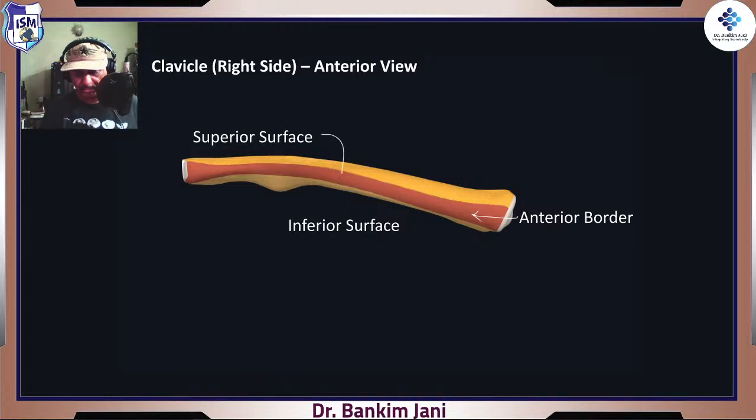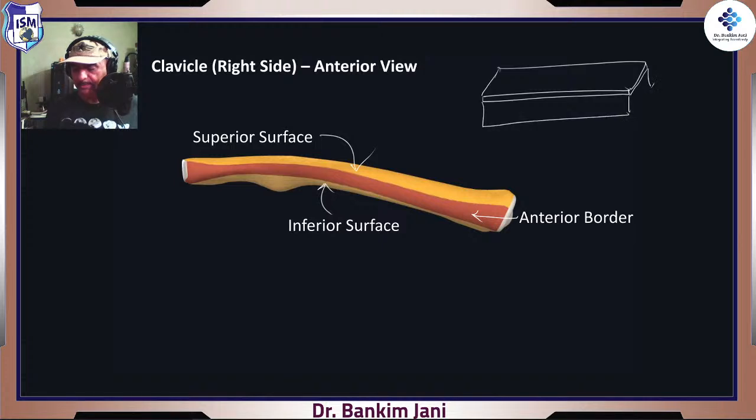So that's your superior surface, and this one is the inferior surface, right? So in a simple way, we can just make it something like this, like this. That one is superior, this one is inferior, and that becomes the border.